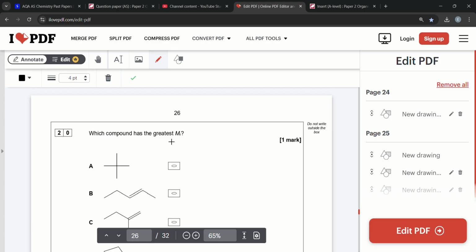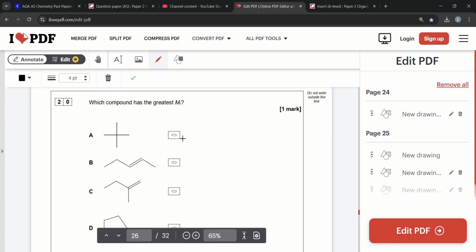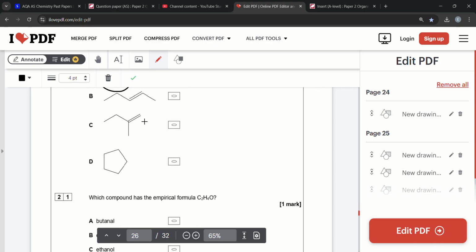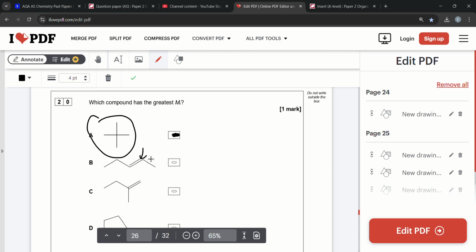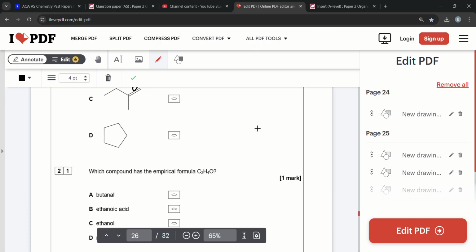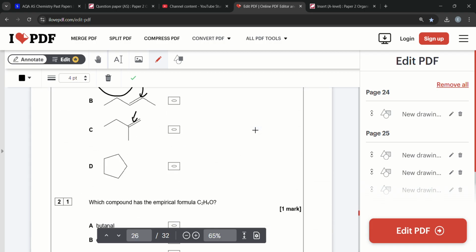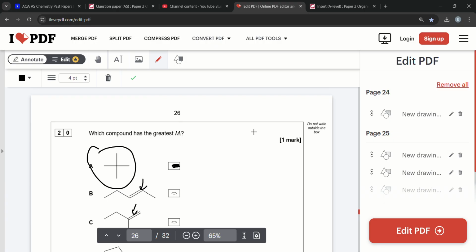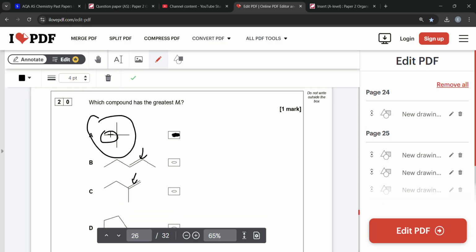Question 20, which compound has the greatest Mr? It's actually going to be A. It even looks like a real compound, but the answer is A. Because if you think about these double bonds, we've got 1, 2, 3, 4 sticks.